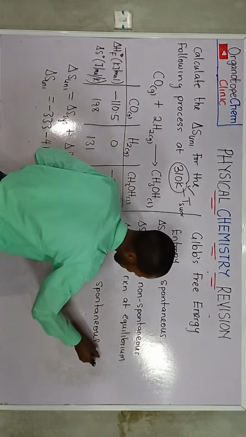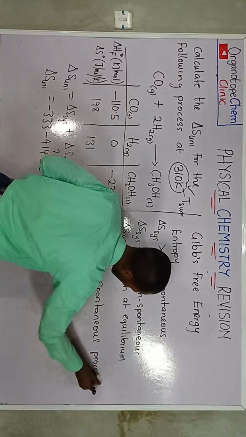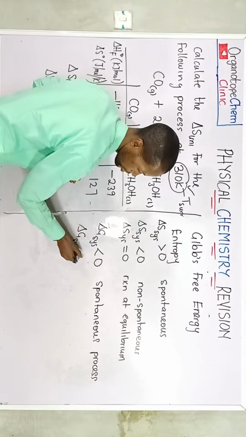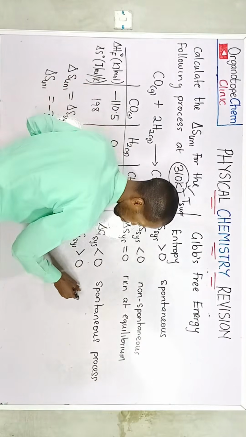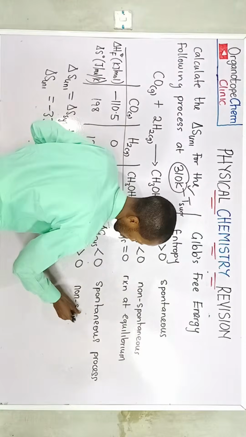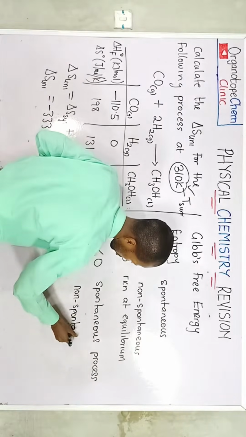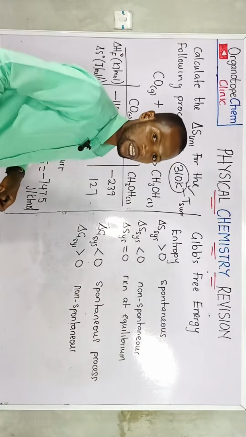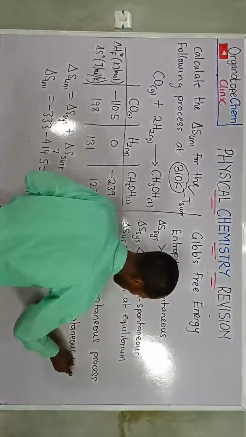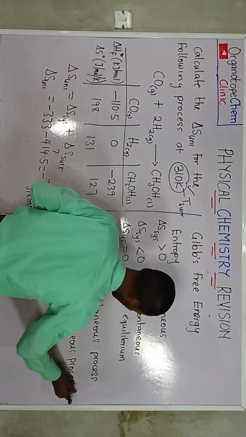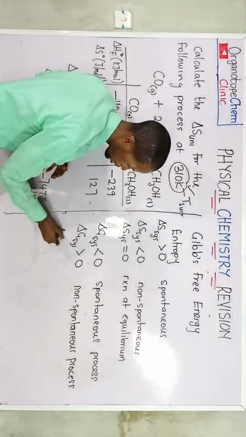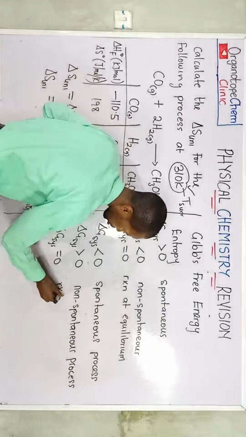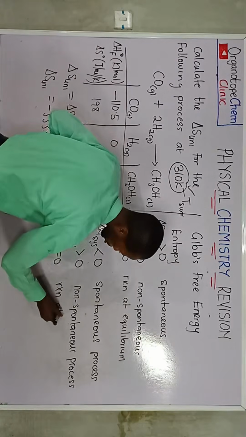It is a spontaneous process. When the free energy of the system is greater than 0, it implies what? Non-spontaneous process. So after your calculation, you may be asked to determine the spontaneity. And when the free energy is equal to 0, it means reaction at what? Equilibrium.